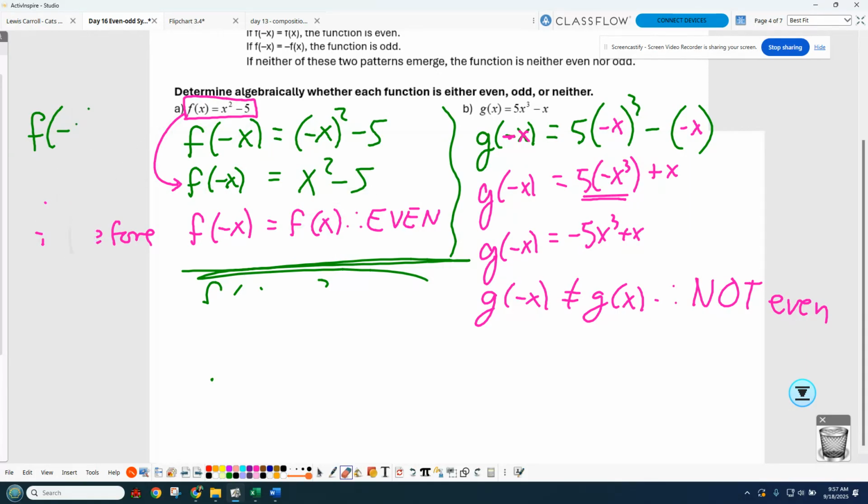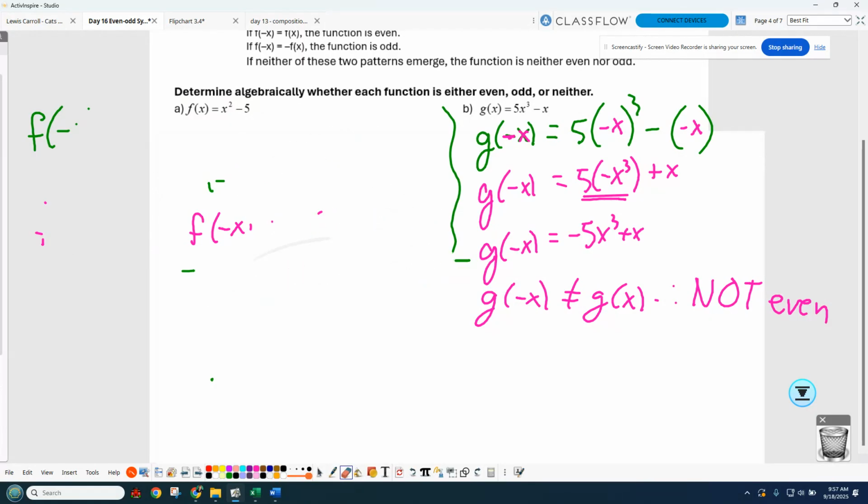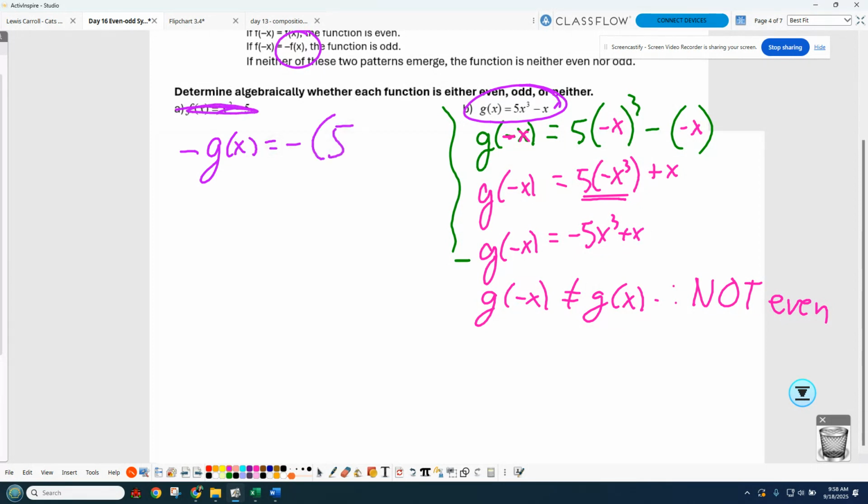Looking at the notes at the top, what has to be true if it's odd? Negative g of x has to equal the opposite of this. So I'm going to find this next. Negative g of x is negative, parentheses, all of this.